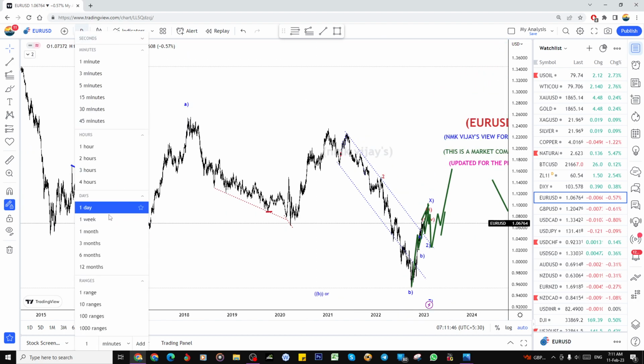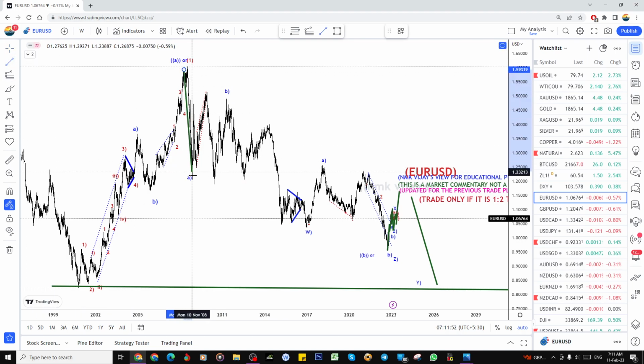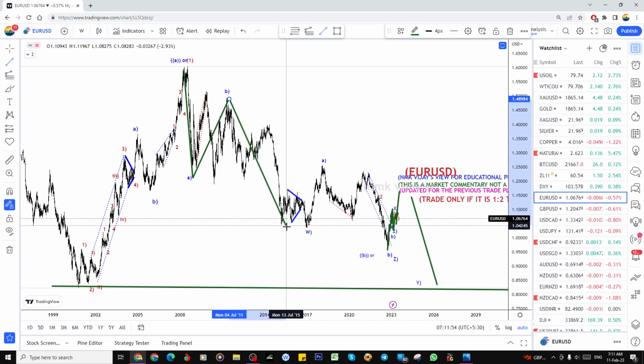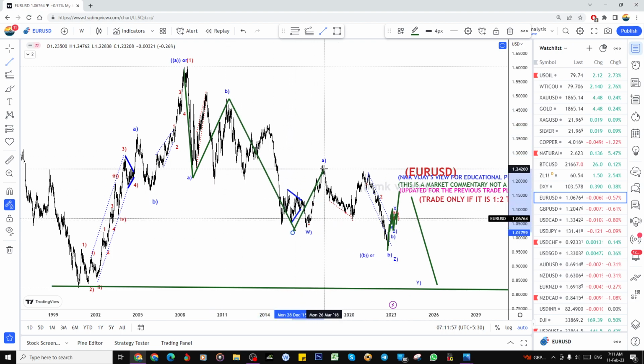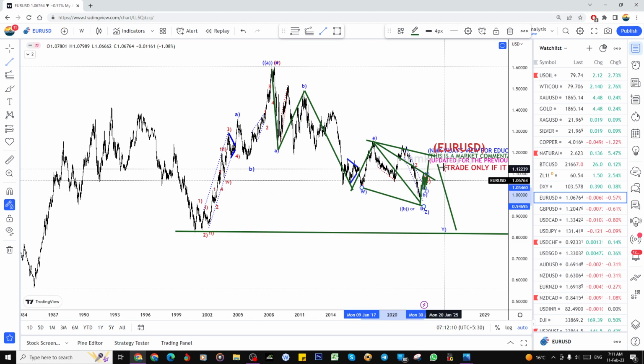So what kind of correction is this in the weekly? This is the one impulsive wave, or a 3-wave structure has completed here, and this 1, 2, 3 is yet to complete. Whether it has already completed here, this is the correction, or this could be the correction, but the positional target is here, 8.5 to reach.